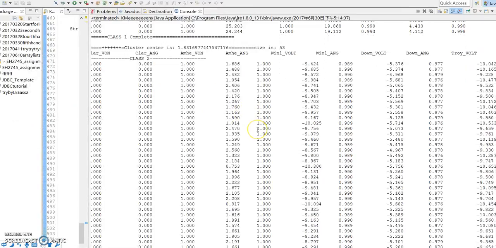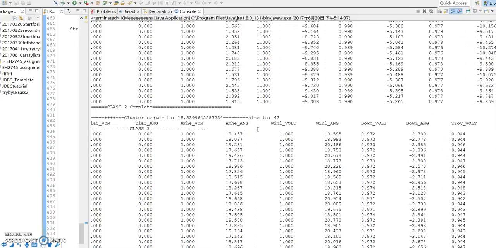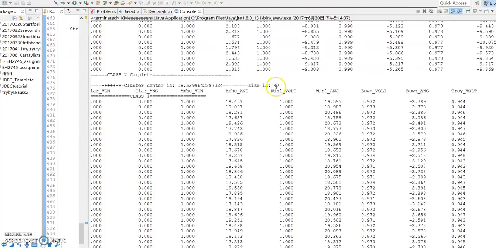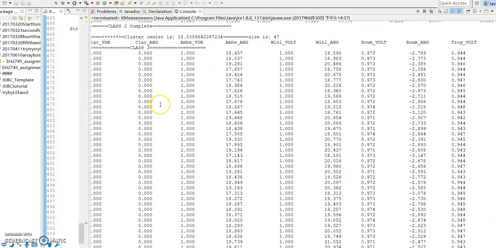And now let's take a look at the last group, which has 47 points included. This is called class 3. In order to know which type of situation corresponds to class 3, we need to take a look at the detail again.